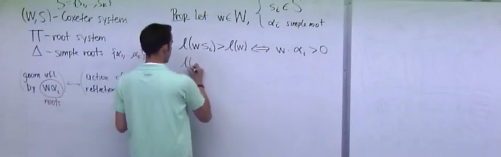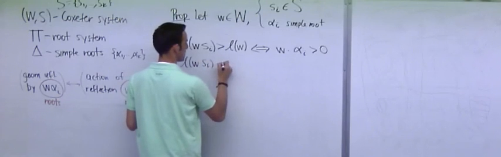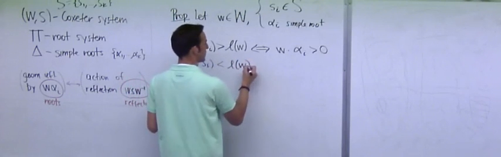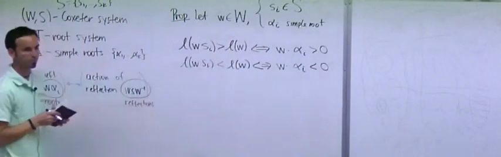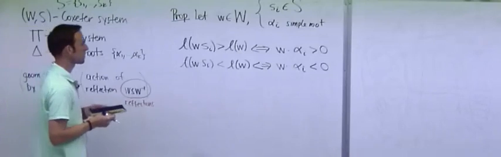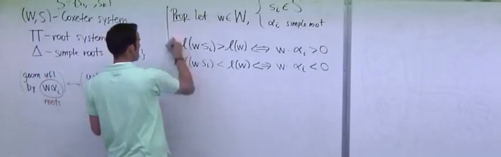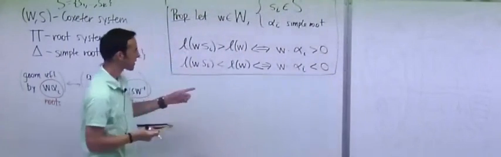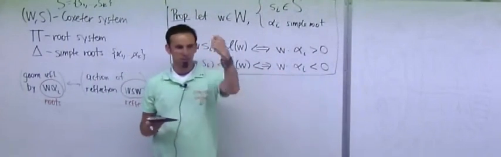And the length of WSI is less than the length of W if and only if W takes alpha I to a negative root. So we saw that basically the length function in some sense characterizes when group elements take positive roots to positive or to negative roots.